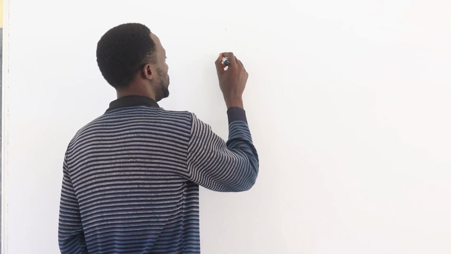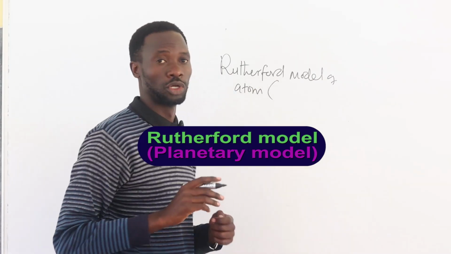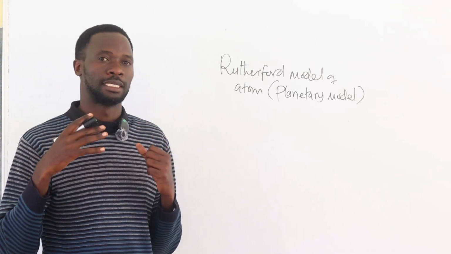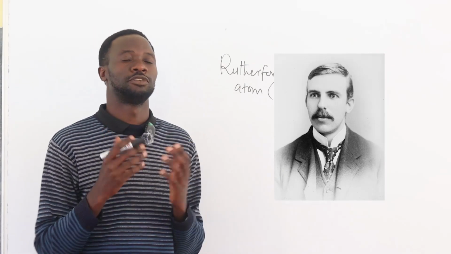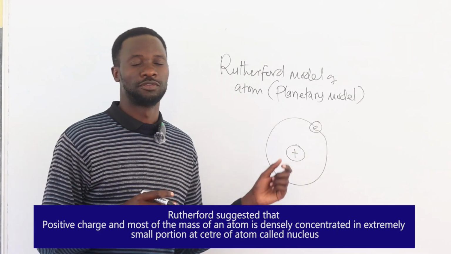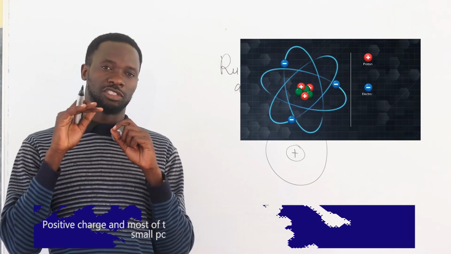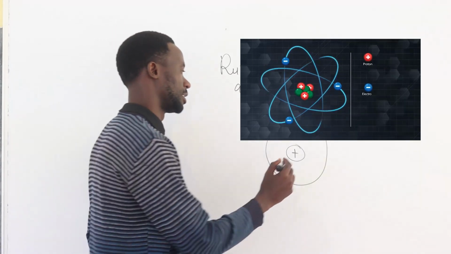So the second model is the Rutherford model of atoms. This model was put forward by the scientist Ernest Rutherford. Rutherford suggested that the positive charge and most of the mass of the atom is concentrated in an extremely small portion at the center of the atom, which is called the nucleus.